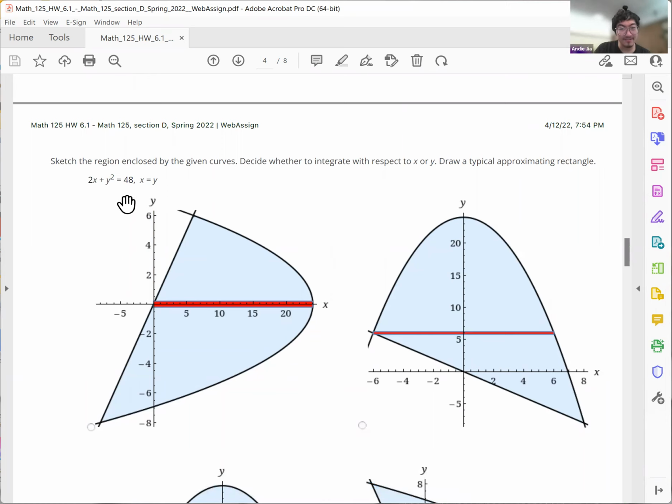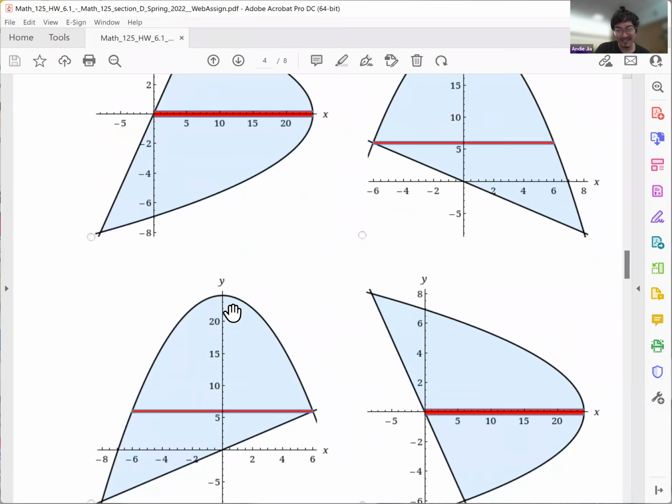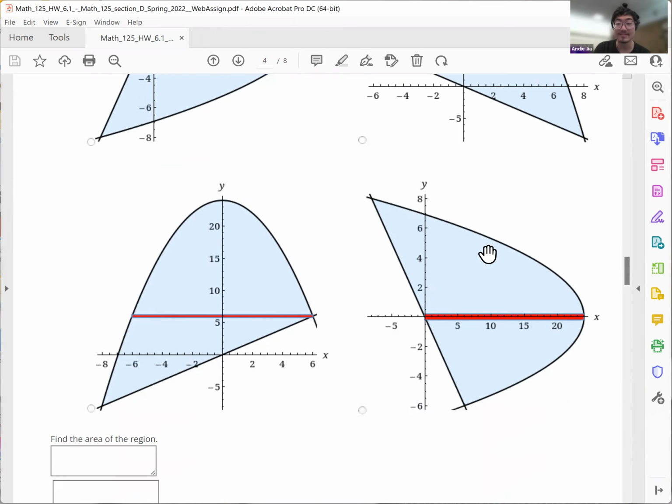If you see x equal to 0, y is 0. If you plug in x equal to 0, y is the square root of 48. It's going to be something between 6 and 8, just to compute the intersection here, and we determine this graph.